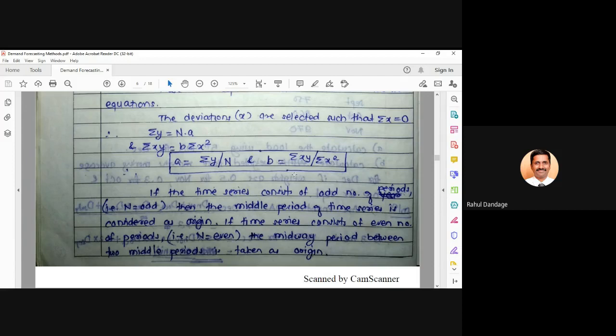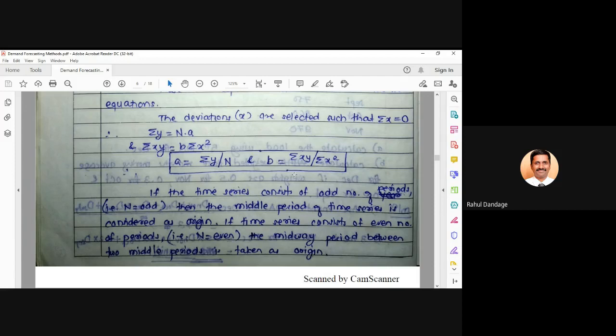Let us say the data is available for 5 years, or for 10 years. For 5 years the process is different, and for 10 years the process is different, because 5 is an odd number and 10 is an even number. Whenever the data available is for an odd number of periods, we have one process. When the data is for an even number of periods, the process is different.